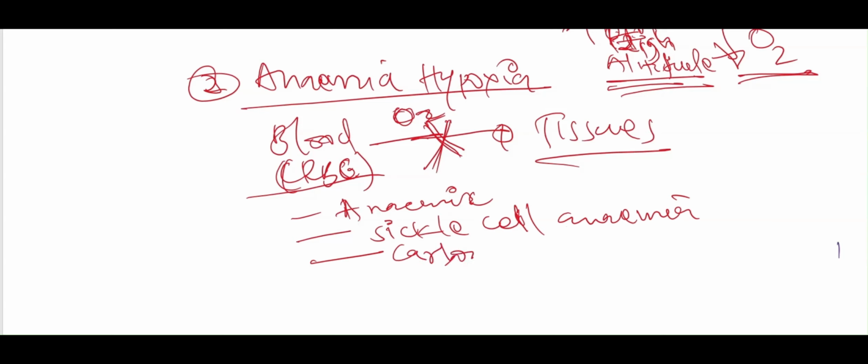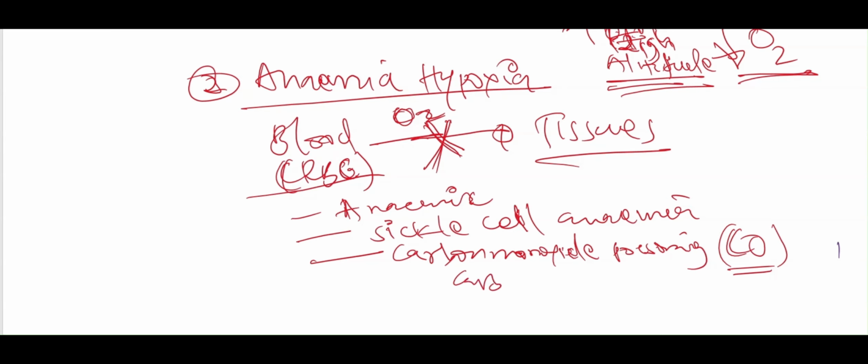We have things like carbon monoxide poisoning, CO poisoning, because we know carbon monoxide reacts with the hemoglobin to form a very permanent compound, so-called carboxyhemoglobin, which prevents the normal oxygen from combining with the hemoglobin.